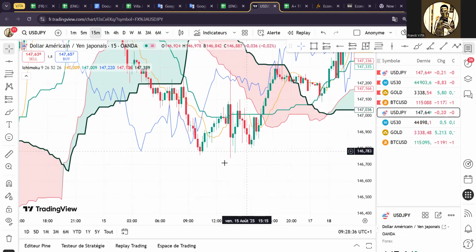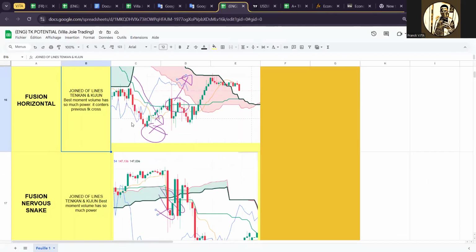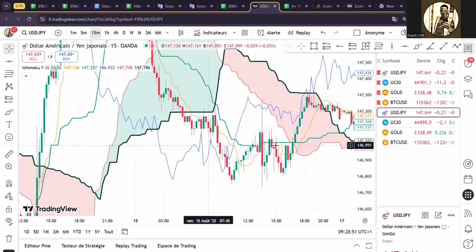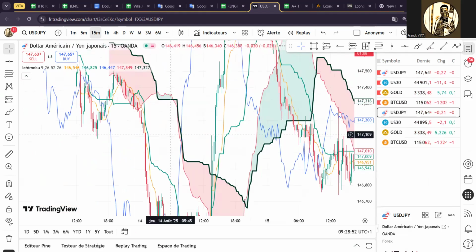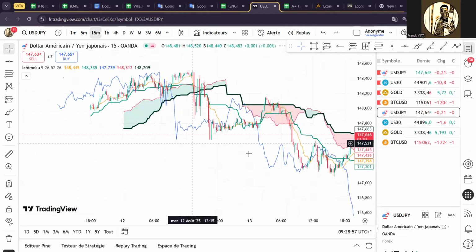So after that, what did I want to show you just right here? That carries a lot of weight, a lot of power. Then you have a fusion nervous snake. That is the case just right here.